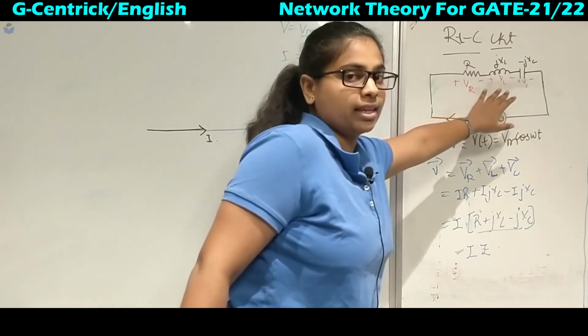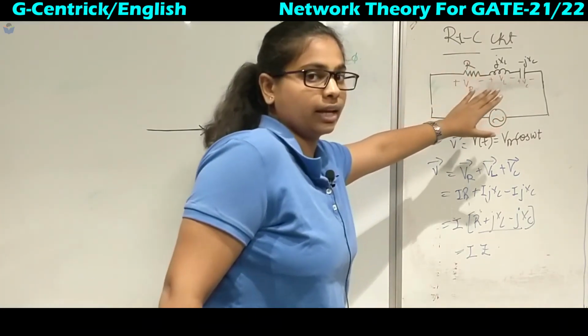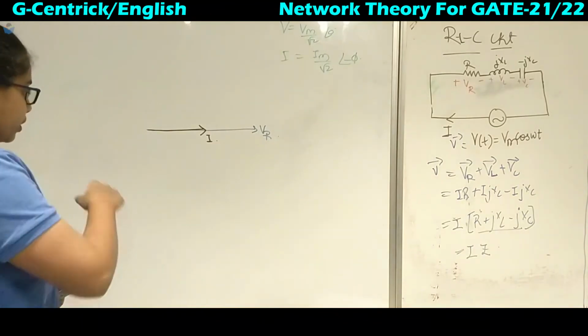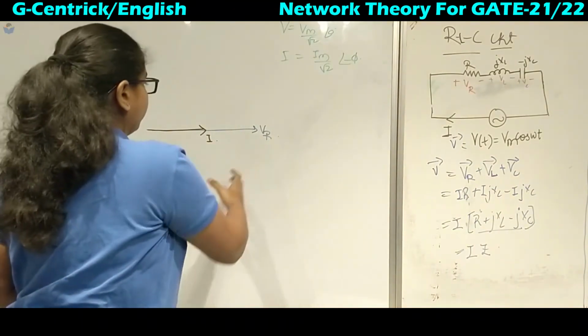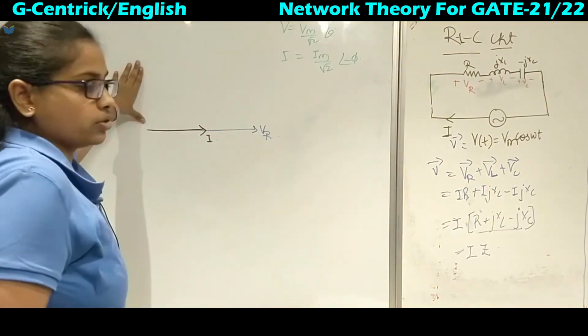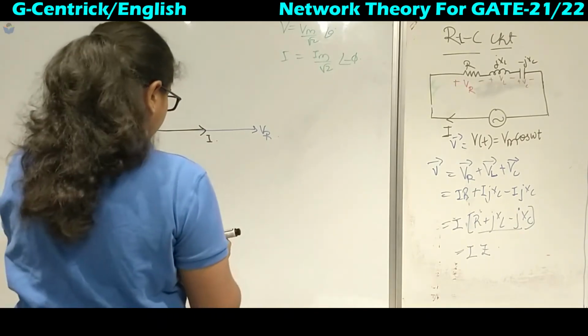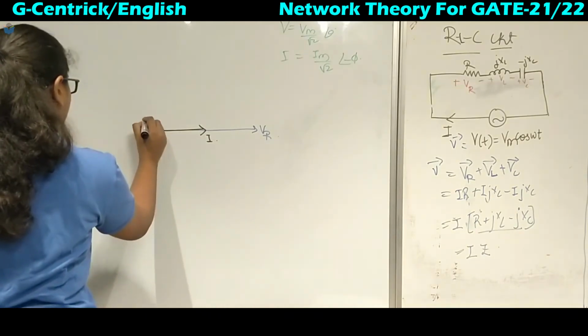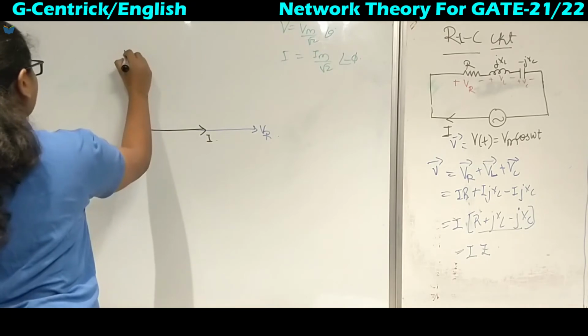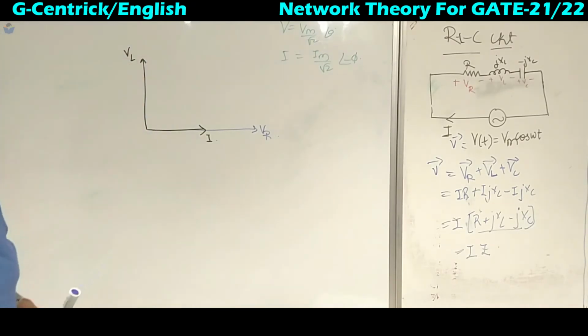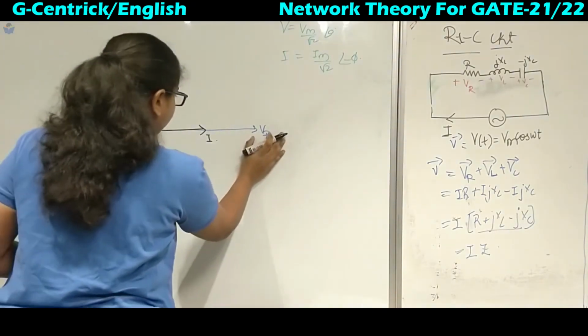If it is XL, then is the current leading or lagging? It is lagging. But with respect to VR, we will get a positive sign here. It will go in this direction with respect to voltage, because we are taking voltage as the reference.